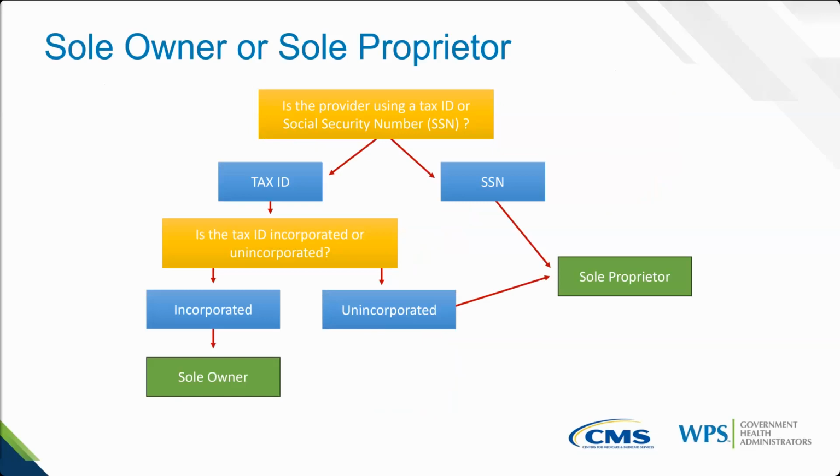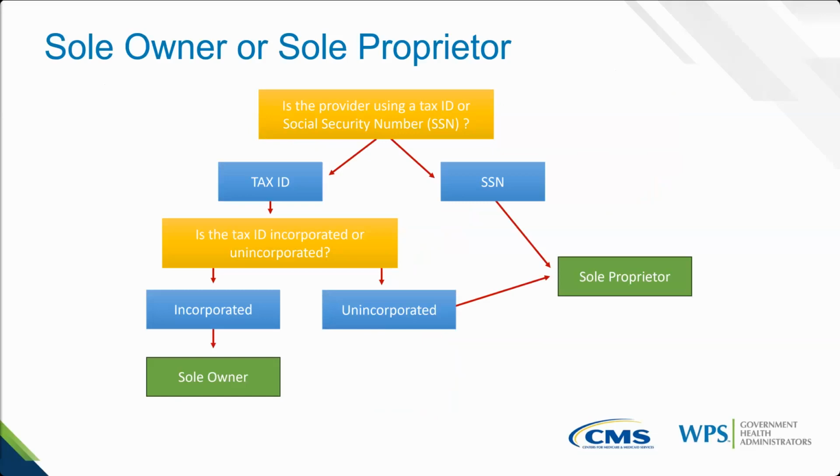They are the only owner of that business, but that business has its own identity with the federal IRS. This happens, a lot of people will do this for tax reasons. Sometimes there are legal protections with it as well. And it's a decision that the providers have to make with the assistance of their tax professional or their attorney.